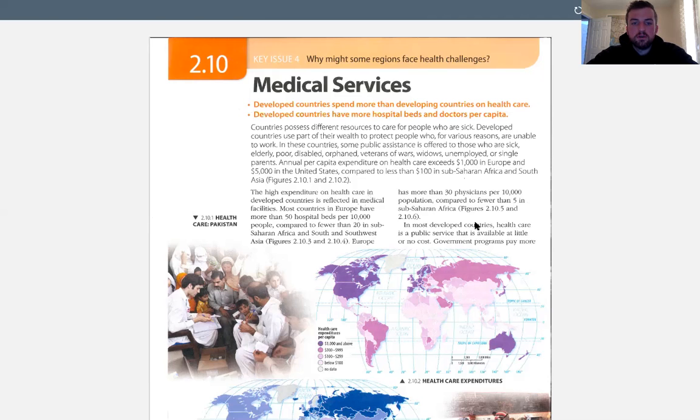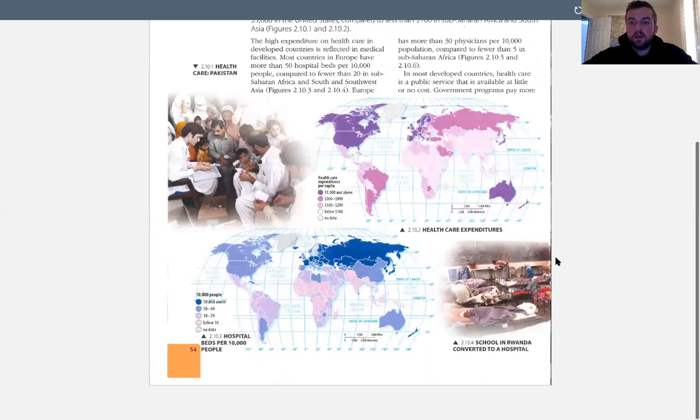Most countries in Europe have more than 50 hospital beds per 10,000 people, compared to fewer than 20 in sub-Saharan Africa and South and Southwest Asia. Europe has more than 30 physicians per 10,000 in the population, compared to fewer than 5 in sub-Saharan Africa. In most developed countries, healthcare is a public service that is available at little or no cost. Government programs may pay more.